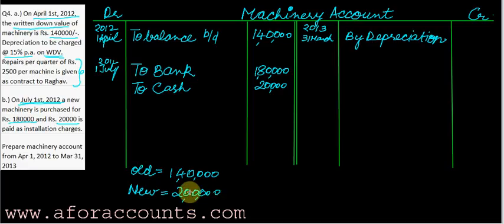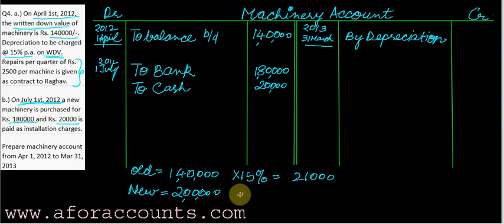So I will show you the method to calculate the depreciation. Pay attention. See, old machinery is there with me from 1st April and is there till 31st March. So full year's depreciation will be charged. On WDV it is 15%. So of 1,40,000, 15% comes up to 21,000.